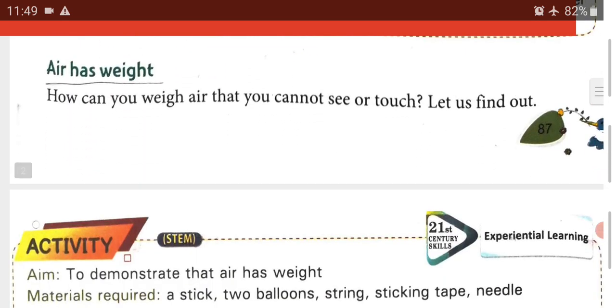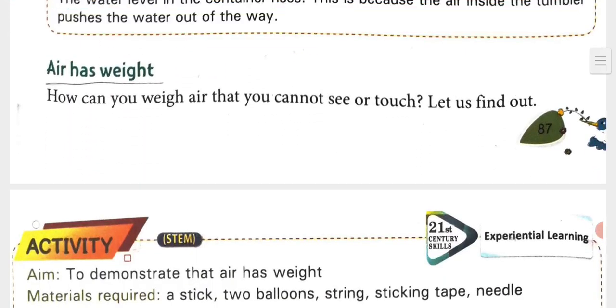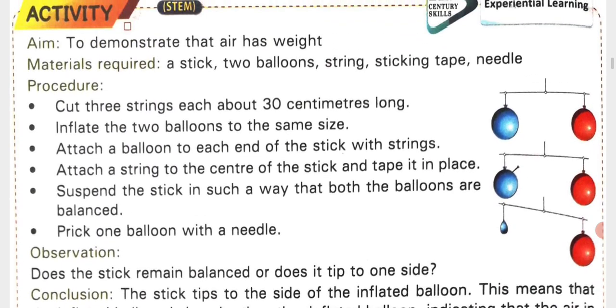Next, air has weight. So how can we weigh air that you cannot see or touch? See this experiment. There are two balloons, both filled with air. You can see that they are hanging at the same level. When you prick one of them with a needle, one of the balloons bursts and the other balloon tilts downward.